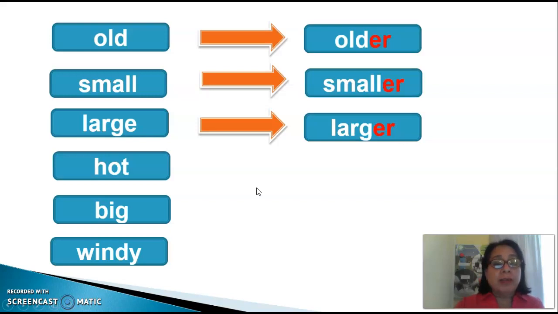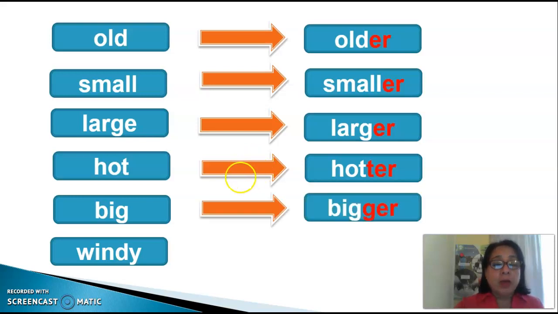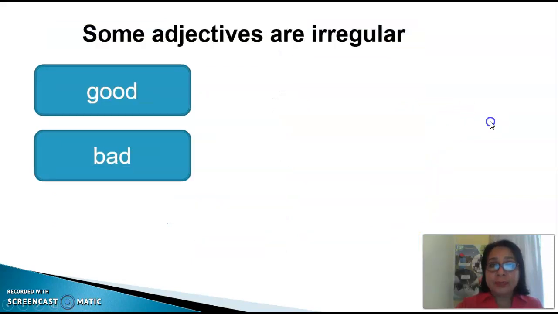When our adjective ends in a vowel and a consonant, we double the consonant to make it comparative and it is hot, hotter, double T. Big, bigger. When the adjective ends in Y, we change the Y to I and add ER. Windy, windier. So we have these adjectives. Older, smaller, larger, hotter, bigger, windier.